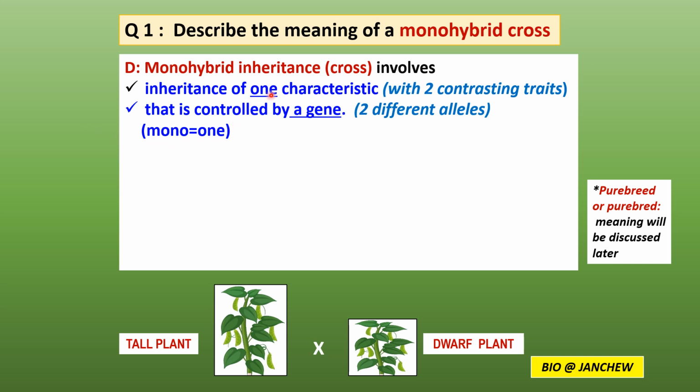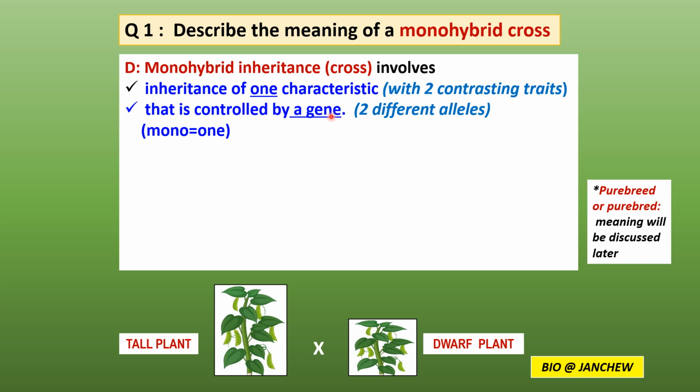Now, one characteristic usually has two different variations or variants, two contrasting traits. For example, if we are talking about inheritance of flower color in pea plant, the two contrasting traits are purple flower and white flower, and that is controlled by one gene, for example, the gene for flower color.